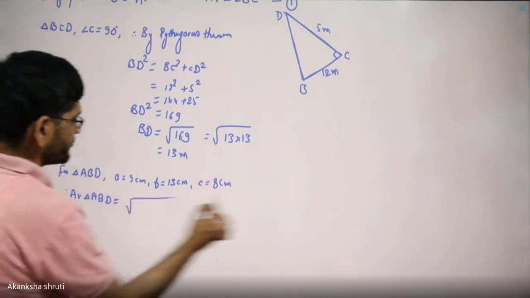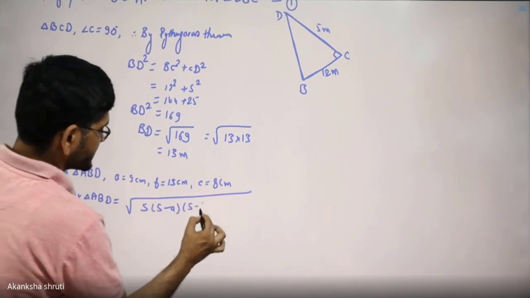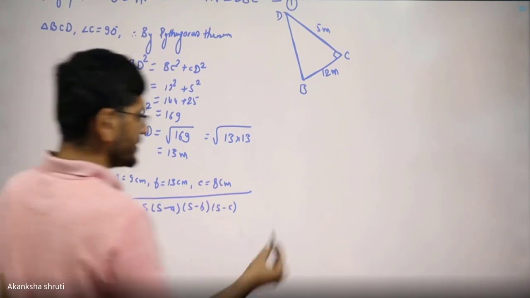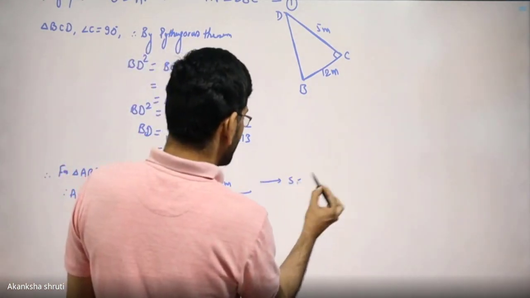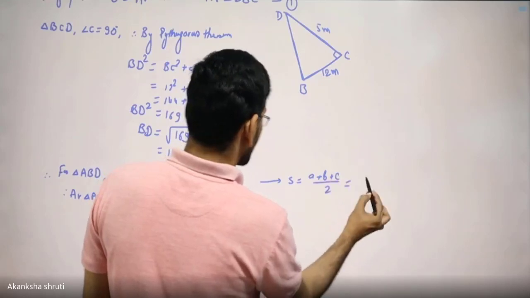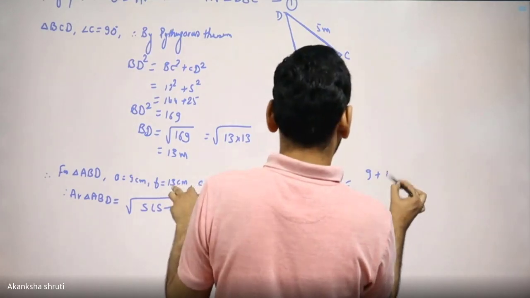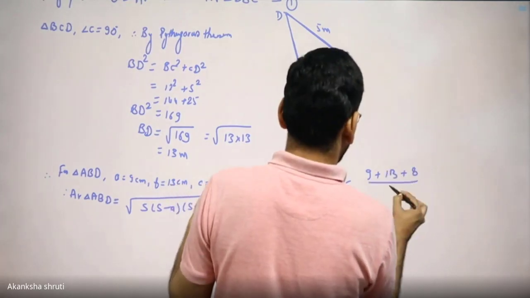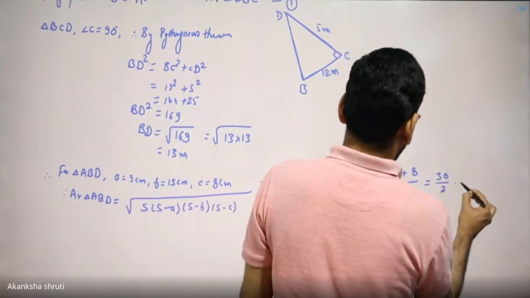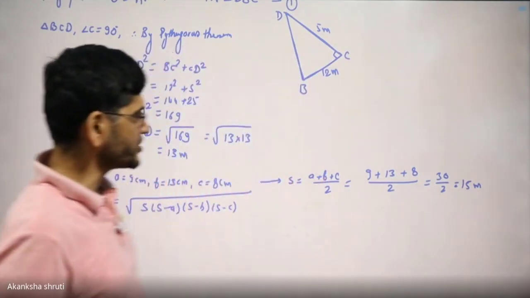Under root of S into S minus A, S minus B, S minus C. This is the formula. Therefore, first we need to calculate the semi-perimeter, which is A plus B plus C by 2. So it is 9 plus 13 plus 8 by 2. It has become 30 by 2. It is our 15 meter. Students, this is the semi-perimeter.